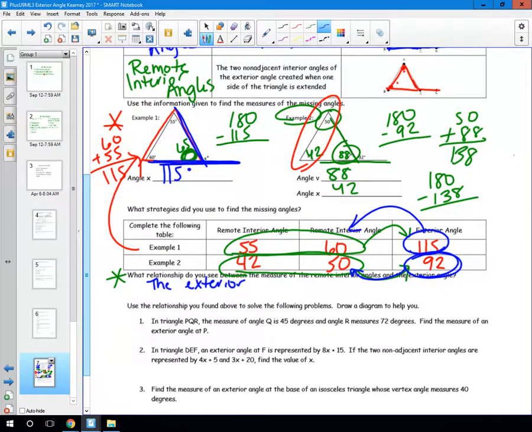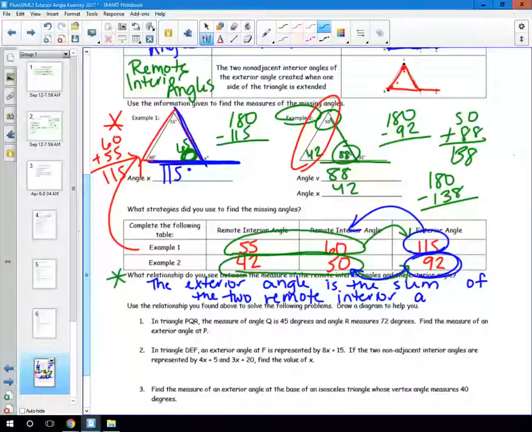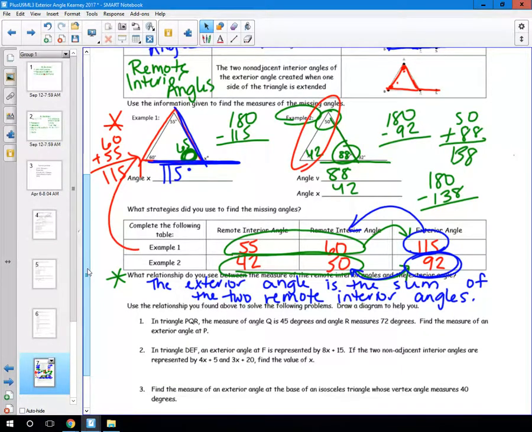So the exterior angle theorem states that the exterior angle is the sum of the two remote interior angles. Okay, so that's my rule.